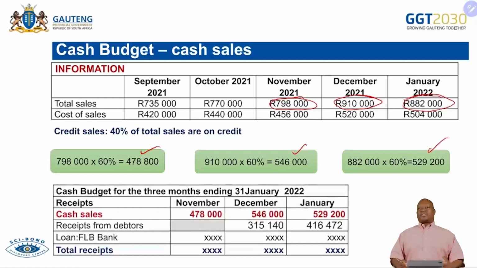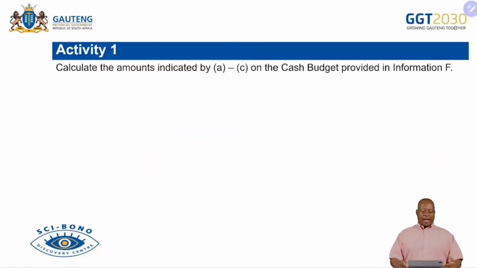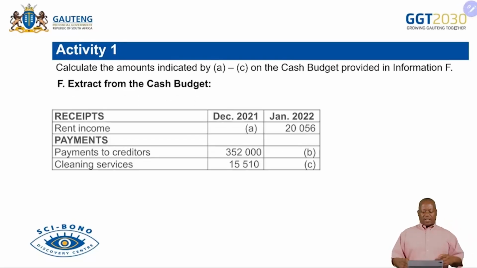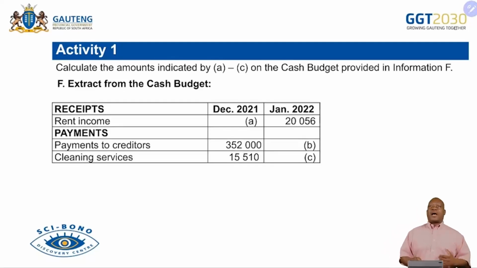The 60% is dictated by the question. Please take note. Life is good. One day you are just going to be given any one of those as missing figures and you are expected to calculate. This is how we go about it. Now, let's move on and look into the activity now that is giving us missing items from the cash budget, and we are expected to find those missing items.